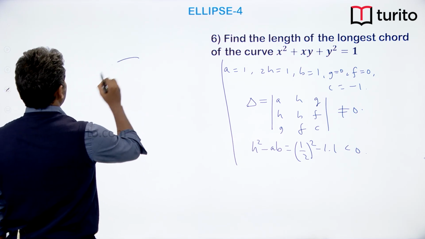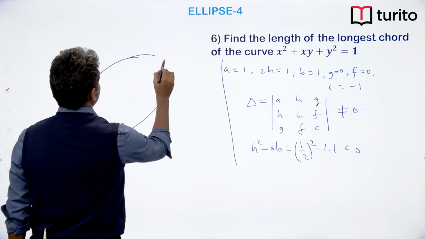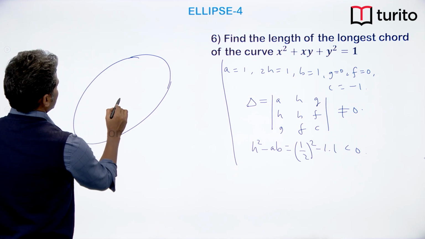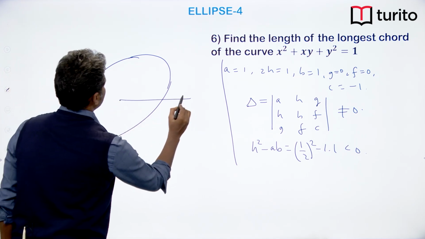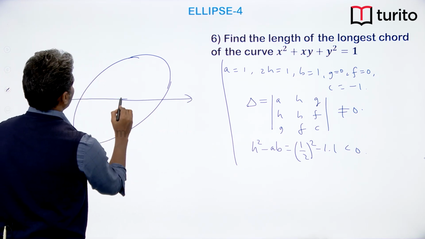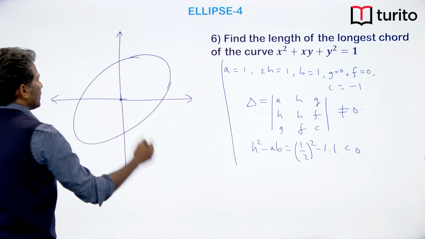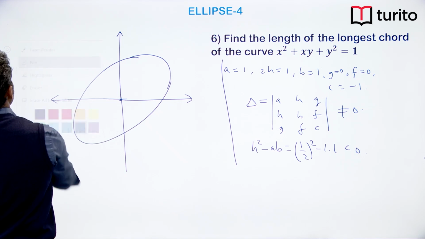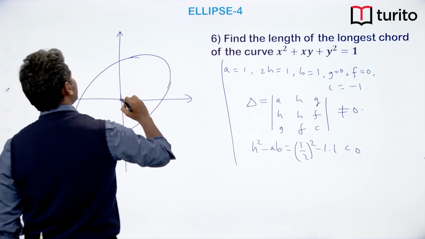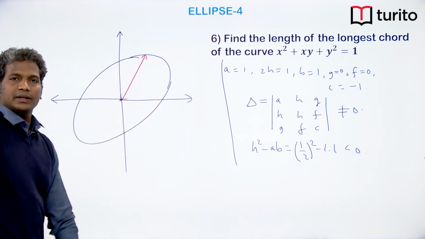So we can take one tilted ellipse here. Now let us say this is the center, which is the origin here, and this is our y axis. Okay. Now any point on this ellipse can be joined as a radius vector.